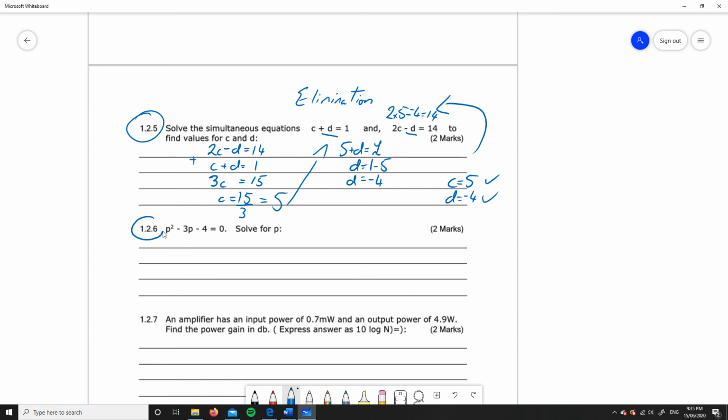Okay, moving on to algebra question number 6. So for this one, this is a quadratic equation, which you have your two options. You can either use factorizing or the formula. Given that this one here is 3 and 4, I think I might have a go at factorizing this one.